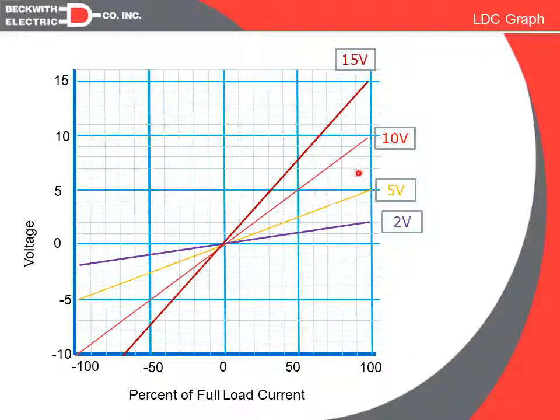For an R, let's say we're going to put in a positive 5. So at 100% in the forward direction, we're going to add 5 volts. If our voltage is 120, we're going to add 5 and make it 125. But notice that if we go reverse power and we have current flowing in the negative or reverse direction, we are actually going to be lowering the voltage by 5 volts at full load current.